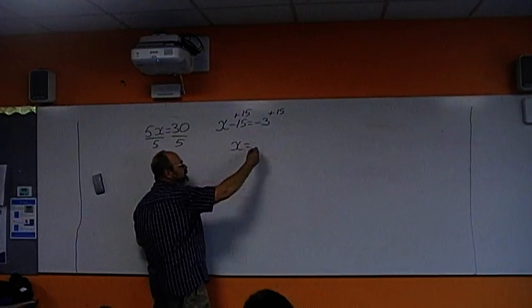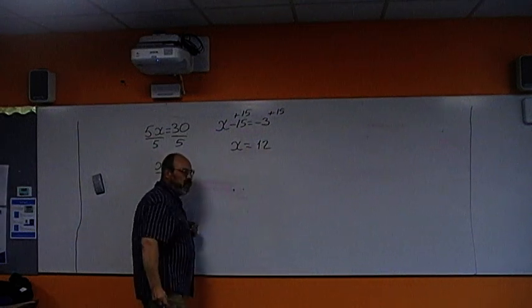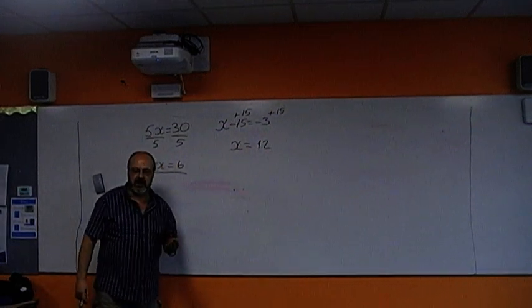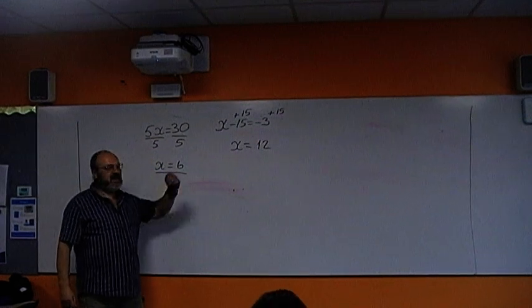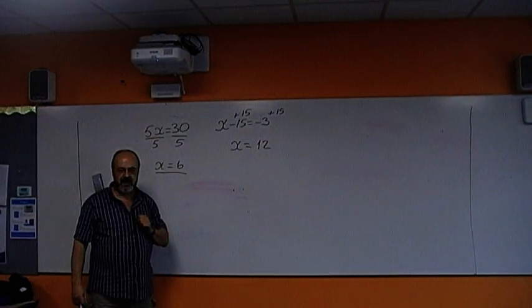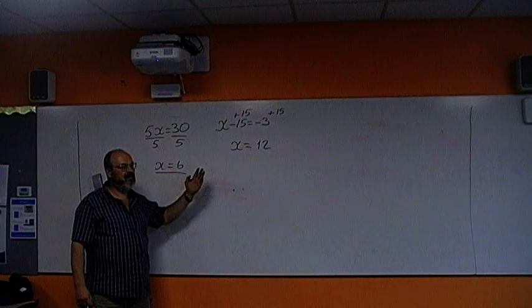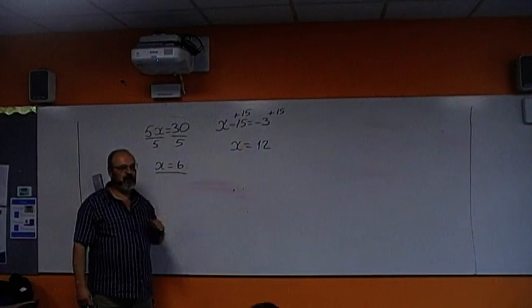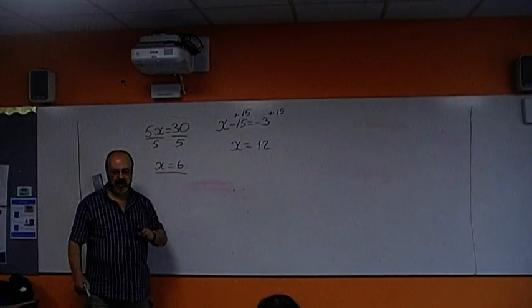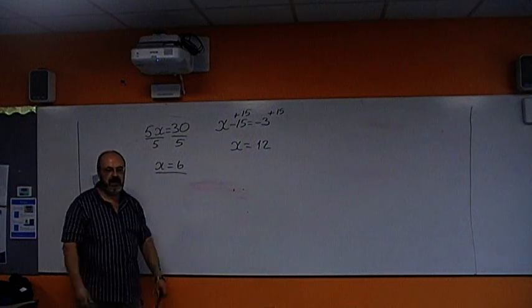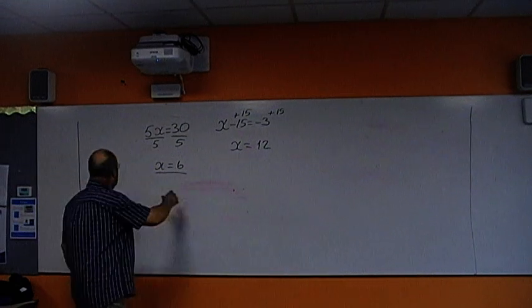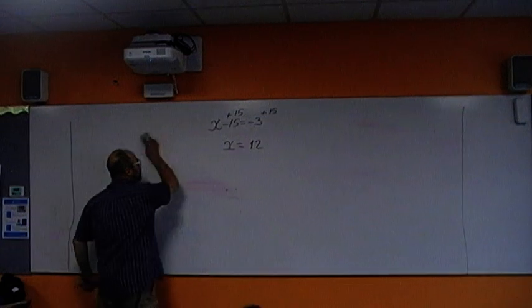We will have x equals 12. So that's what equivalent equations mean: when we do the same thing to both sides, the result is equivalent to the previous one. And we use this to solve, let's say, two-step equations.